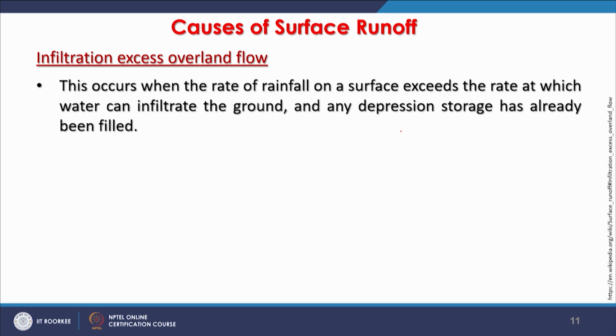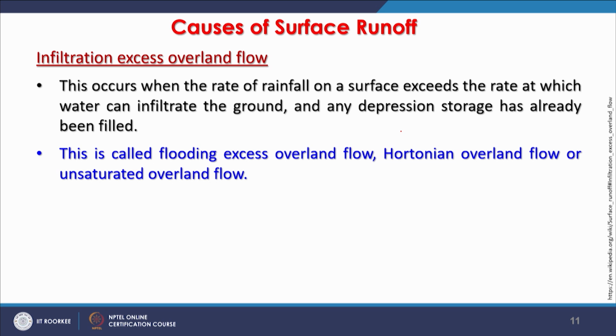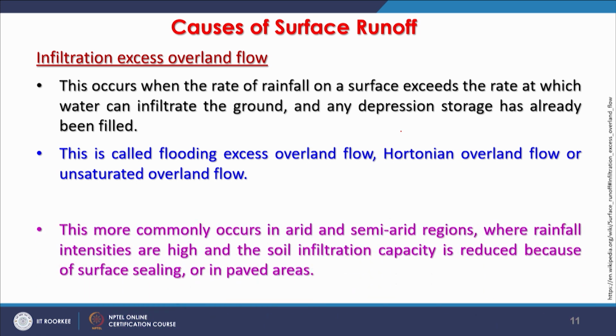So, infiltration exceeding overland flow is always good, whereas overland flow exceeding infiltration is the reverse scenario. This is called infiltration excess overland flow, and Horton gave a formula, so it is called Hortonian overland flow or unsaturated overland flow.